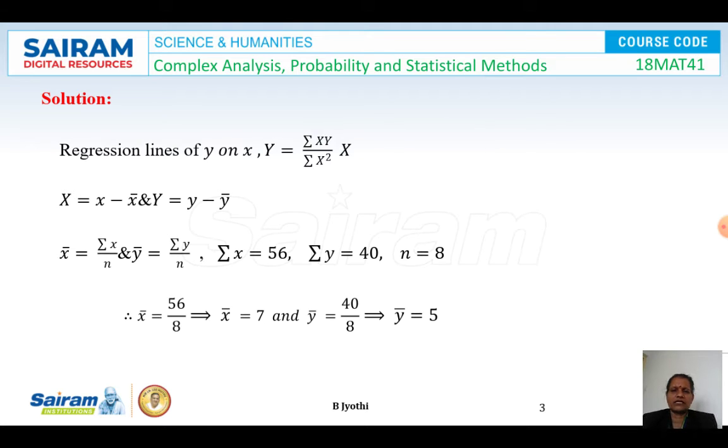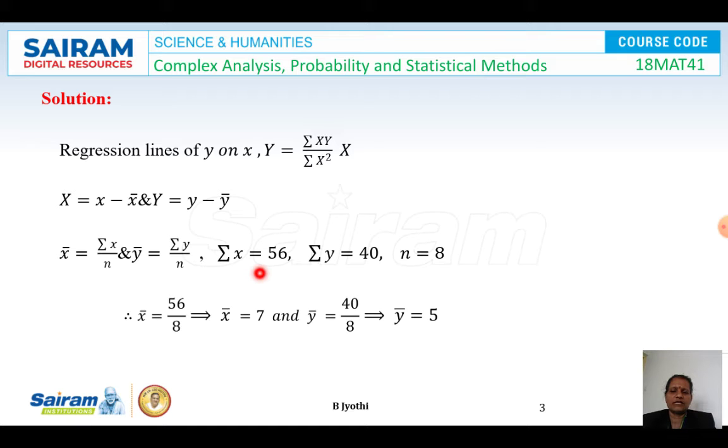So the regression line of y on x is given by y equal to sigma of xy by sigma x square into x, where capital X is x minus x bar and capital Y is y minus y bar. So what is x bar? That is the mean of x, that is summation x by n, and y bar is summation y by n.